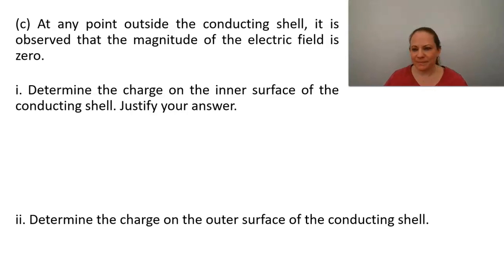Part C. At any point outside the conducting shell, it is observed that the magnitude of the electric field is 0. So part 1, determine the charge on the inner surface of the conducting shell and justify your answer. So let me grab my pen tool.